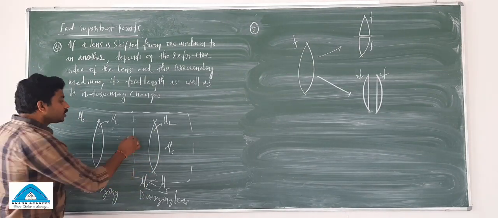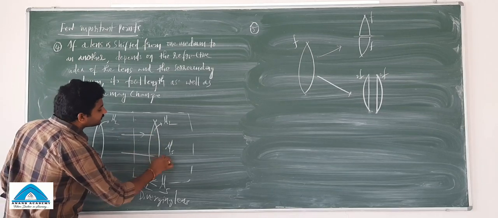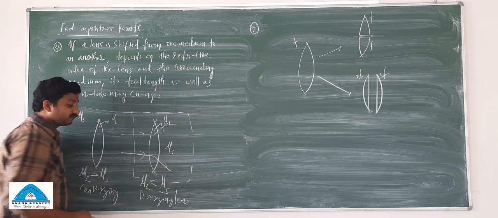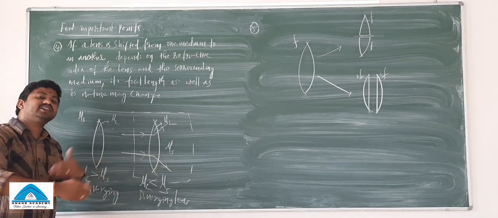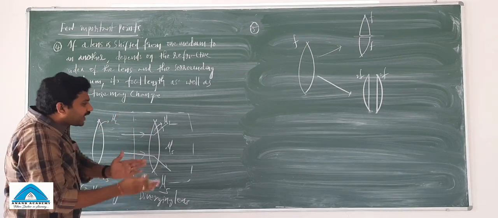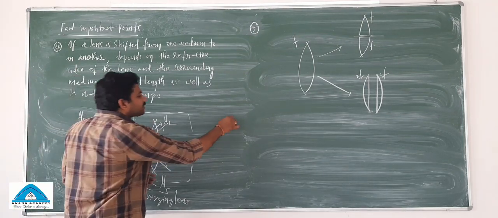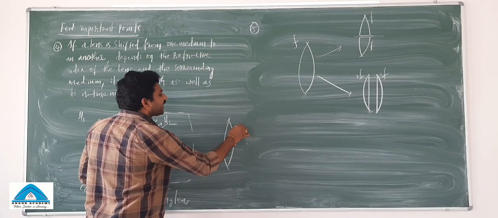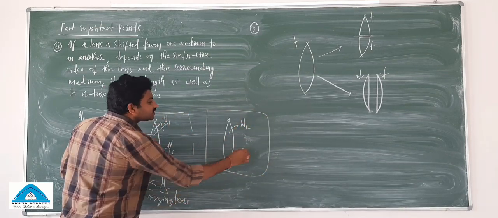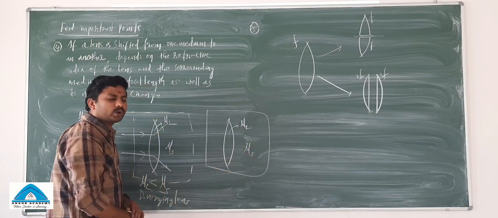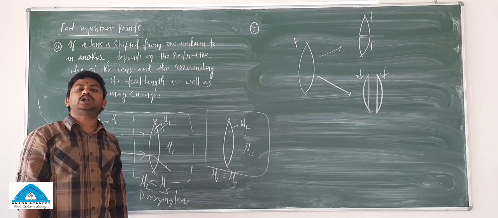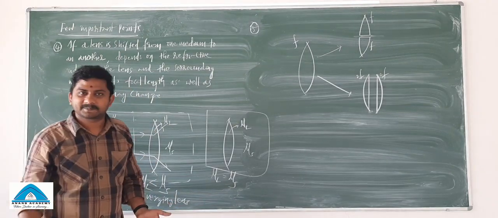When light rays are incident on it, it will diverge when the surrounding refractive index is more. Imagine you have kept the same convex lens whose refractive index is mu L in a medium where the surroundings' refractive index is mu S. The condition is that the refractive index of the lens is equal to the refractive index of the surroundings.